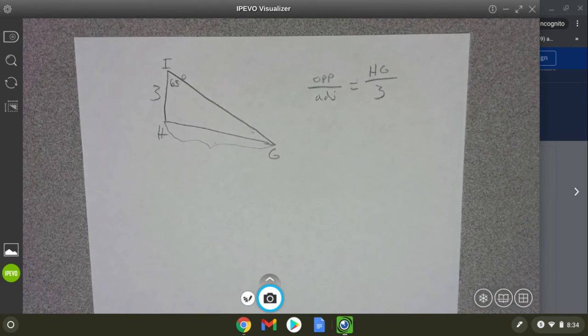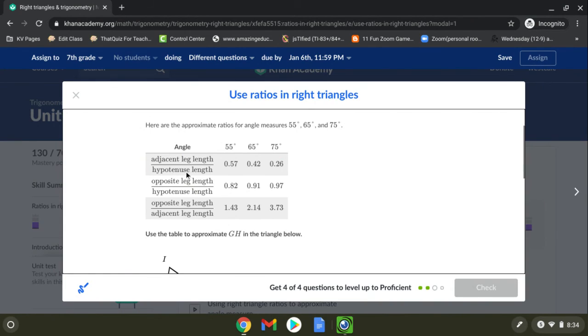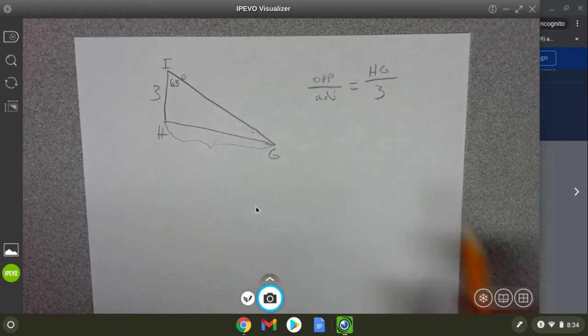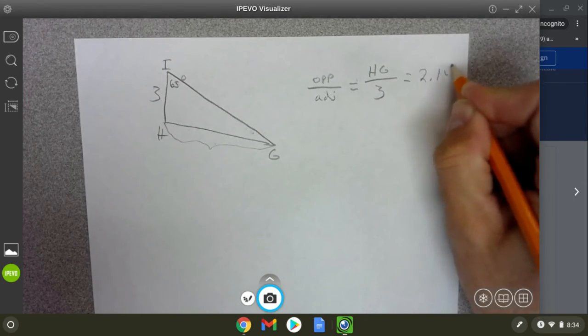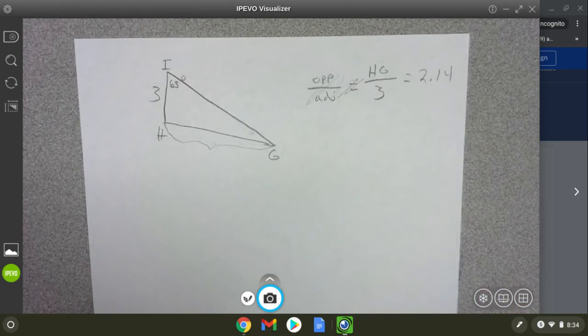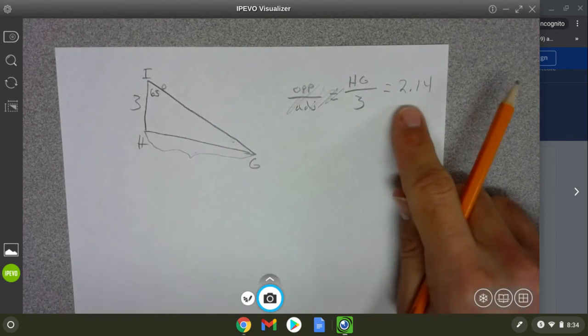All right, so this is opposite over adjacent is equal to HG over 3, but opposite over adjacent for a 65-degree angle is equal to 2.14. So this is equal to 2.14. I'm just going to kind of forget about that for now. And now we'll just solve this.